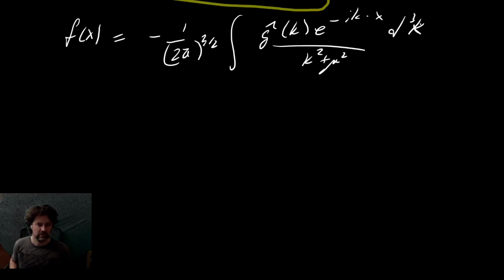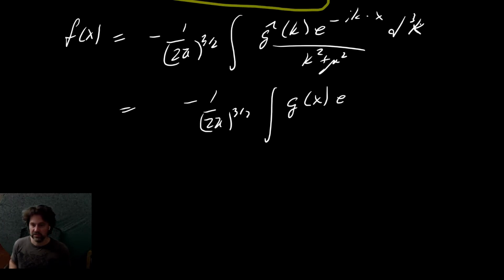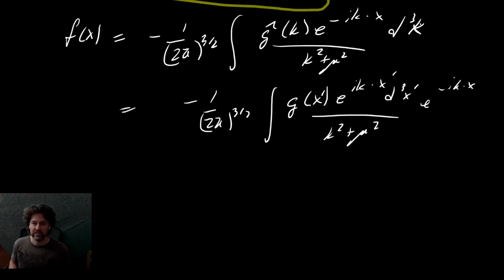Getting closer, which is minus 1 over 2 pi to 3/2. And I'm going to put in the form of g hat of k. So g hat of k is just the integral of g of x e to the i k dot x prime, d3x prime, over k squared plus mu squared, e to the minus i k dot x, d3k.